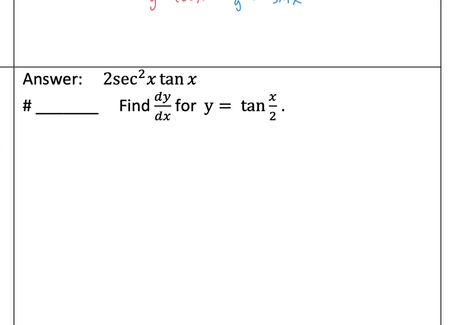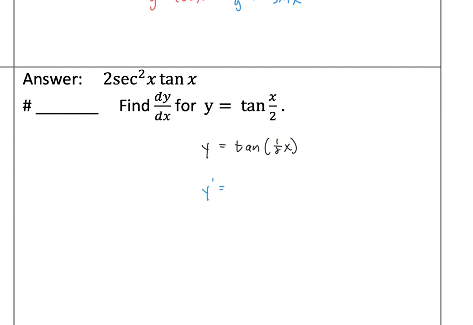Okay, next one. You don't have to rewrite it like this, but I'm going to rewrite it just to emphasize that this needs to be the way that people are thinking about this. It's like 1/2 x. Okay, I'm going to do the rest of these the quick way. Quick way is kind of noticing you have an outside function, you have an inside function, which is a 1/2 x. So definitely chain rule because you have something other than x inside of a trig function.